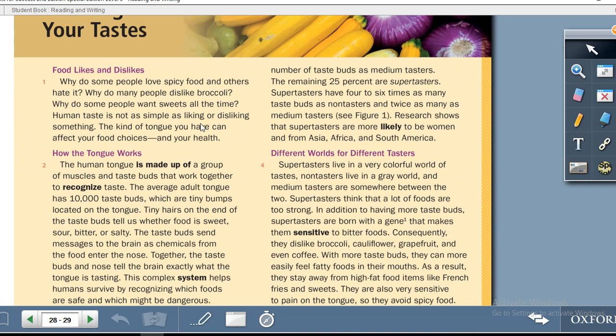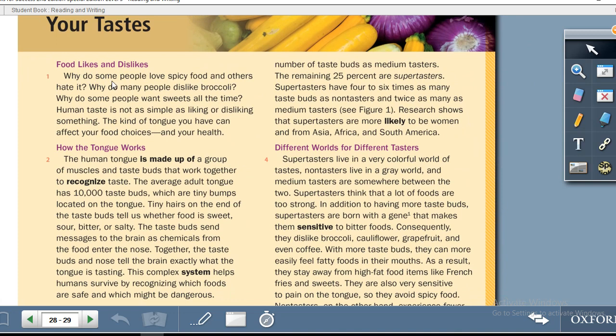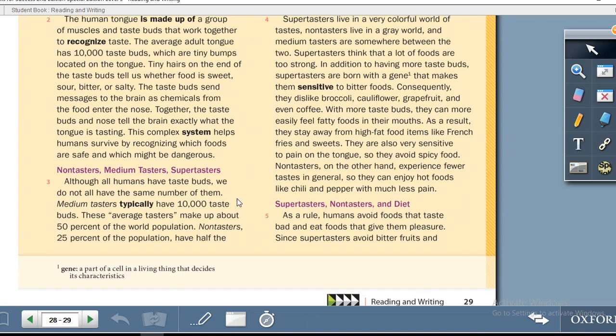And they give you many different headings here: food likes and dislikes, how the tongue works, right? So it talks about foods that people probably like, foods that people don't like. The next heading, number 2, how the tongue works. So this explains to you how the tongue works. You have to read through it.